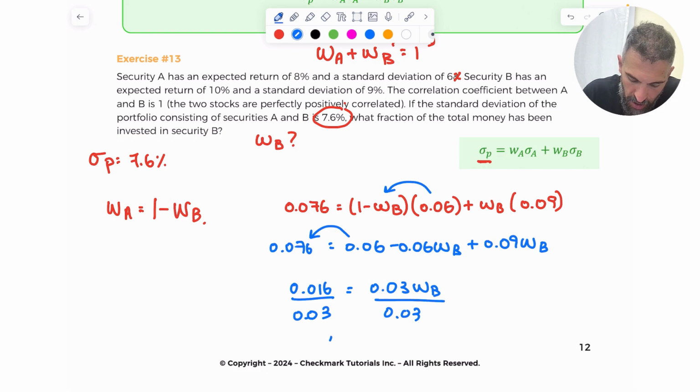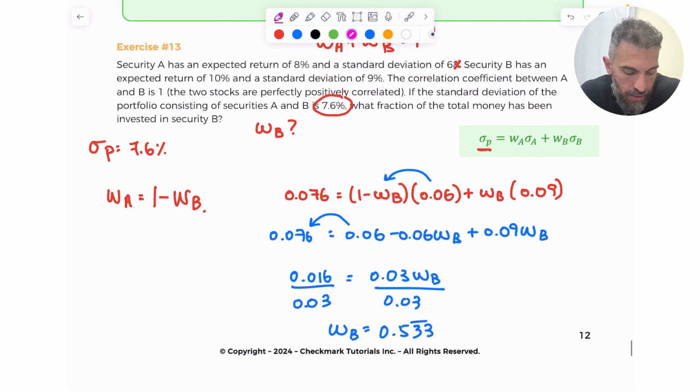So the weight of B, the fraction of money you have invested in B, grab our calculators, is about 53%. I got 0.533. So about 53% of your money is invested in stock B.